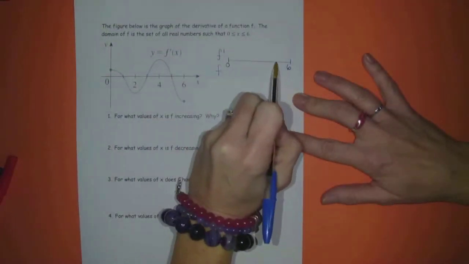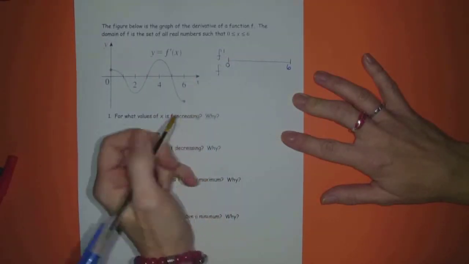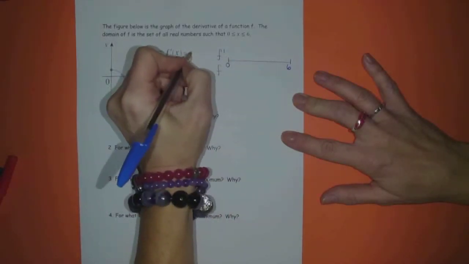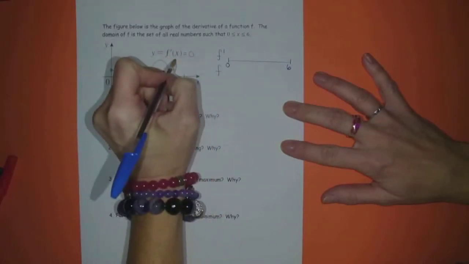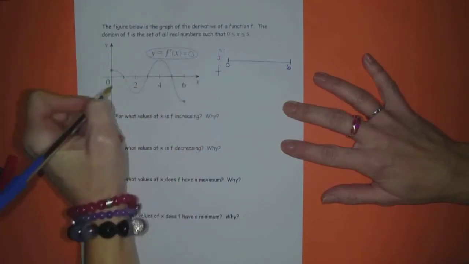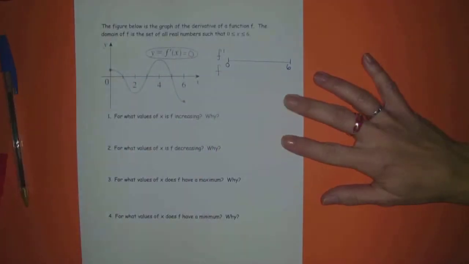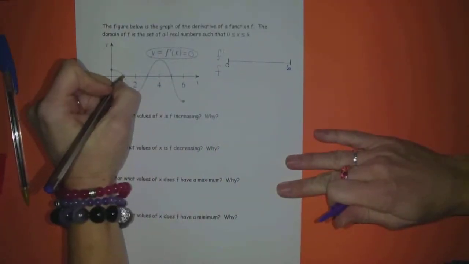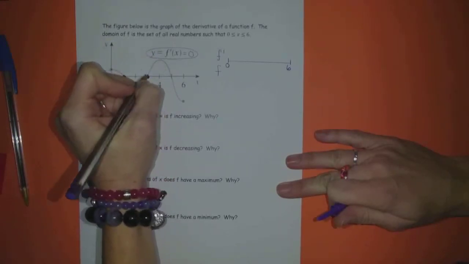And my critical points on the graph of f will occur when f prime of x is 0 or undefined. So I'm looking for where the y values on the current graph are 0. So here, f prime is 0, or y is 0, here, and here.